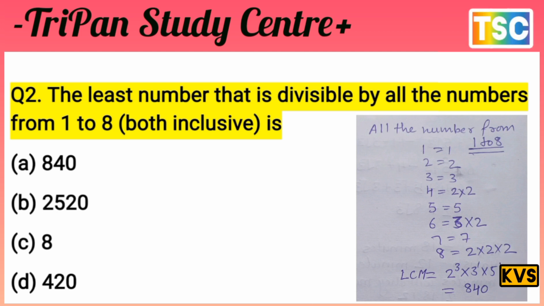So the LCM is 2 power 3, 3 power 1, 5 power 1, and 7 power 1. Calculate: 2 into 2 into 2 into 3 into 5 into 7 comes to 840.